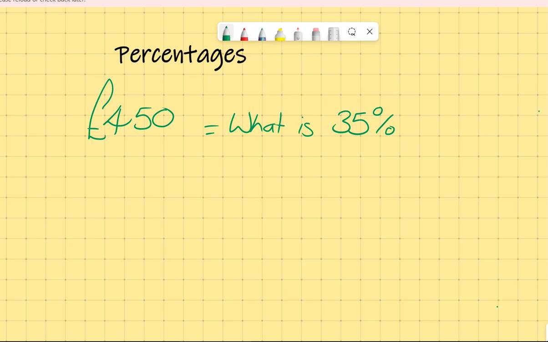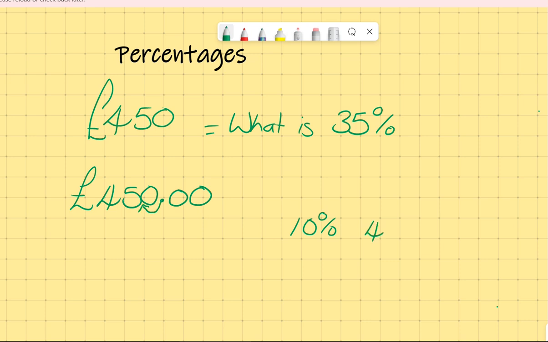Okay, right, let's go through this then. So our first thing that we need to do is write down £450 and 0 pence. What is 35%? So the first thing you need to be doing is find your 10%. Okay, remember how to do that? We move that decimal.